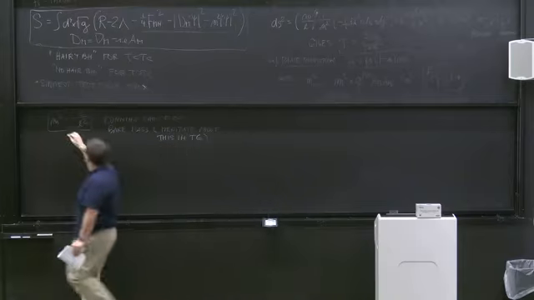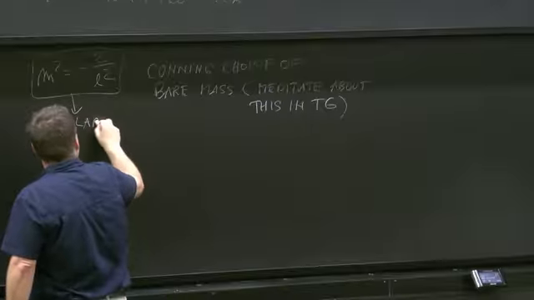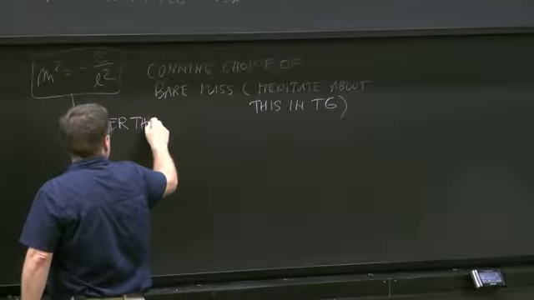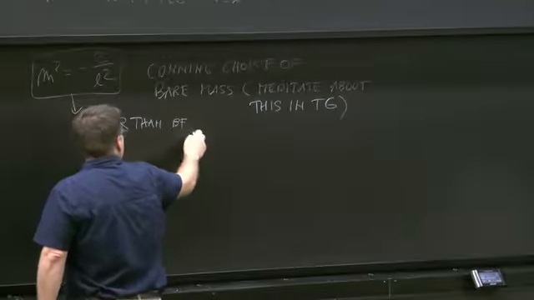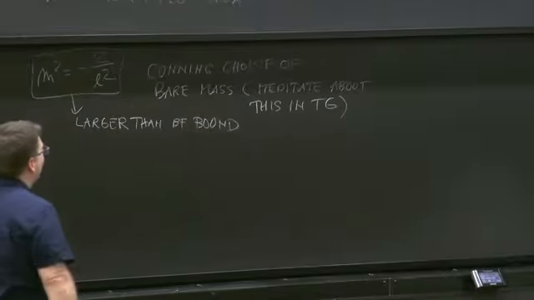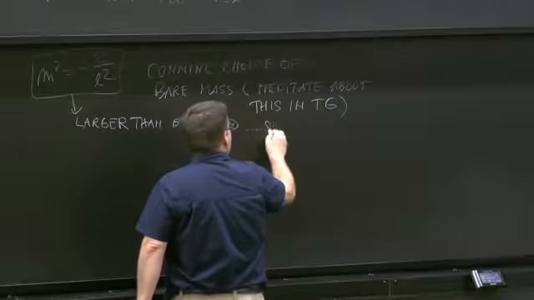So this is still larger than the BF bound, and your field is still stable. I'm already spoiling your fun in tutorial 6. And so it should be stable.